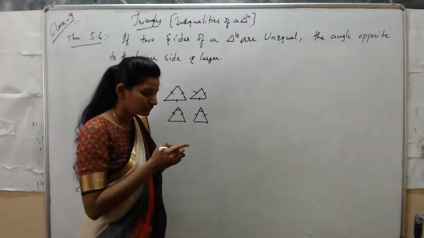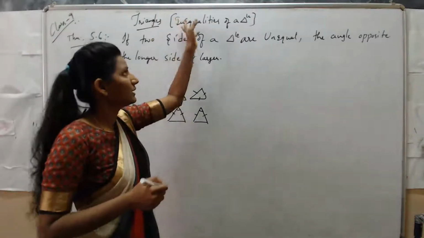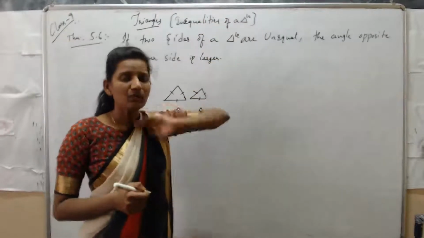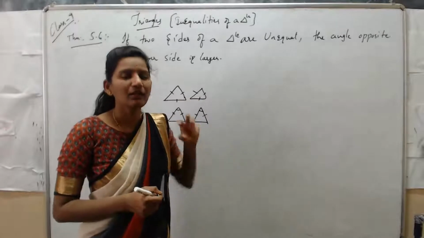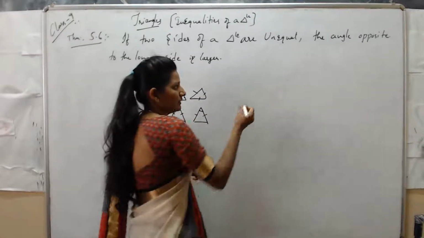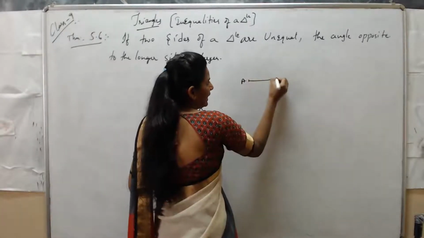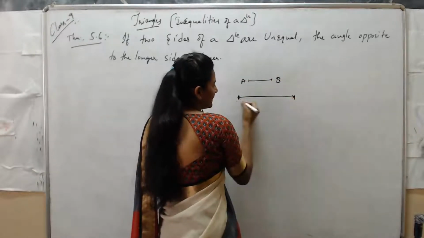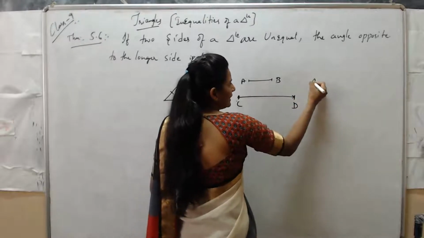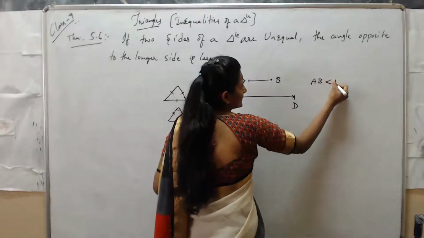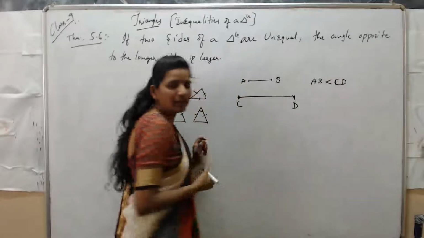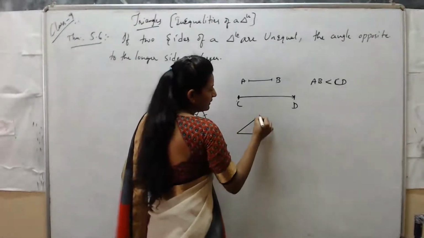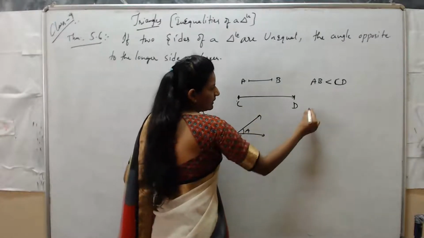Now we are learning inequalities of a triangle. What is meant by inequalities of a triangle? Unequal. Like see here, line AB is less than line CD, which is an inequality.